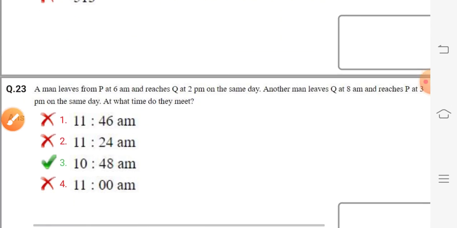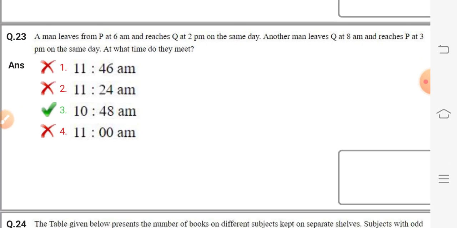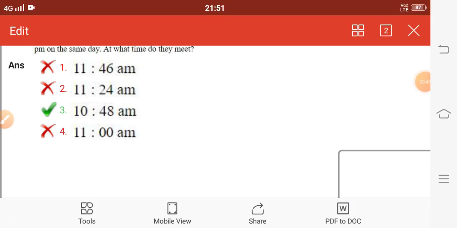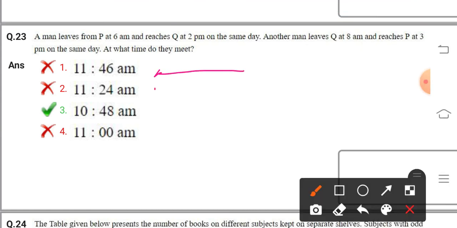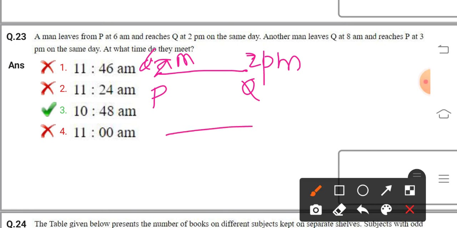The first option is correct. A man leaves from P, this is P, this is Q. He starts at 6 a.m. and reaches point Q at 2 p.m. Another man, the second man, leaves from Q and moves in this direction.